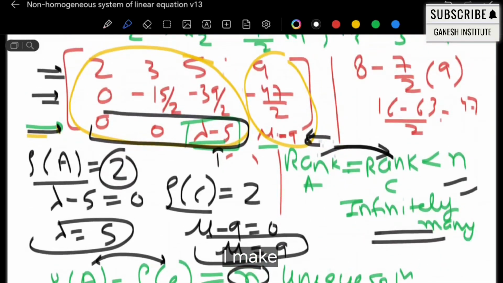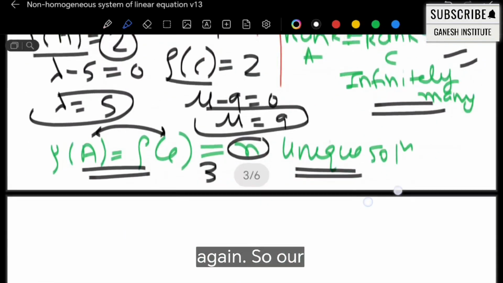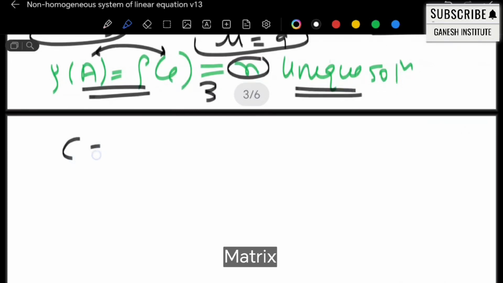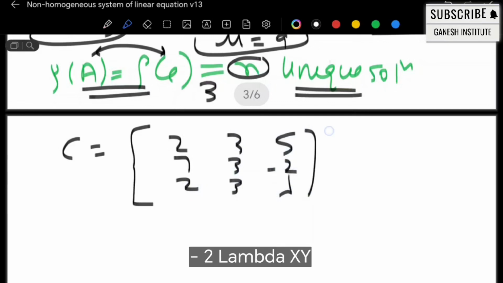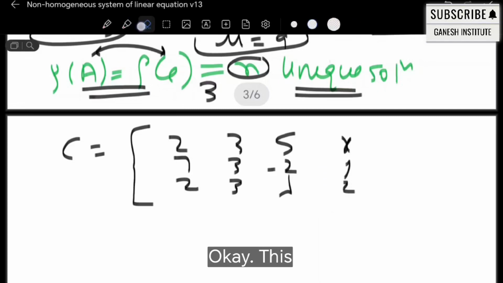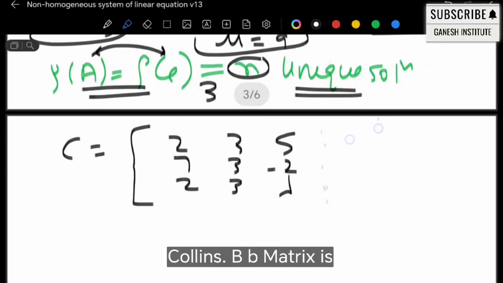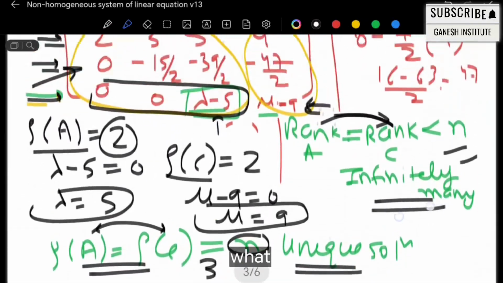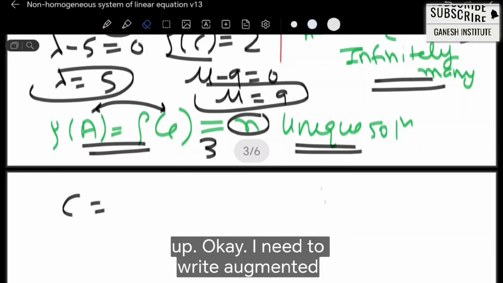How can I make, let me write this structure again. So our augmented matrix is... Okay, I need to write the augmented matrix.